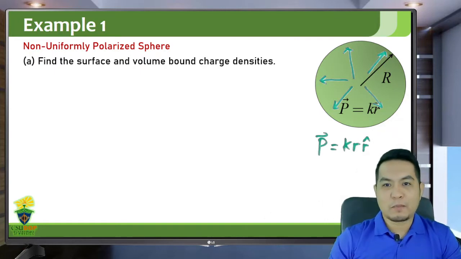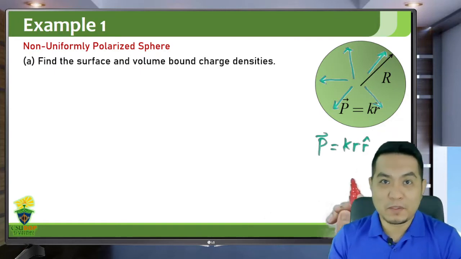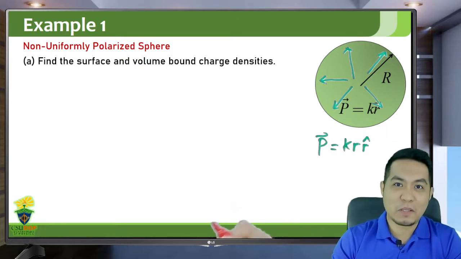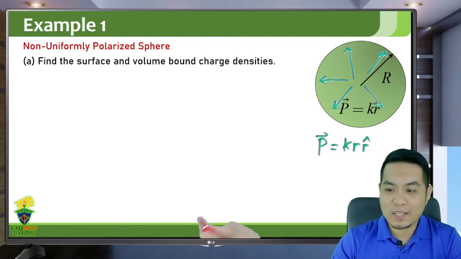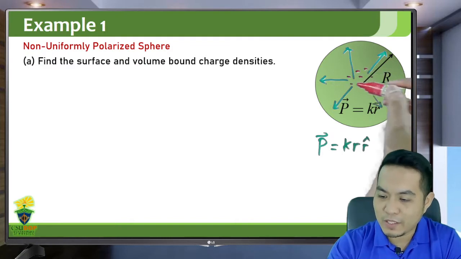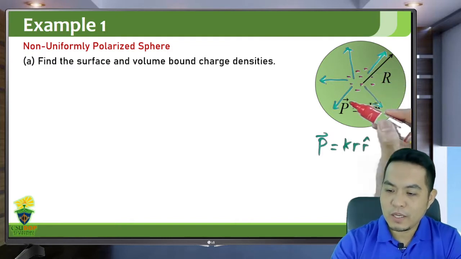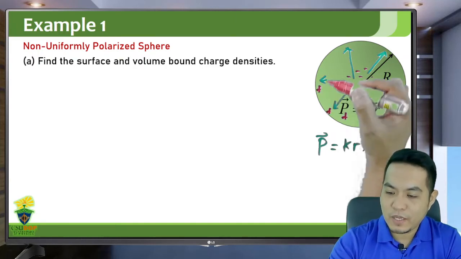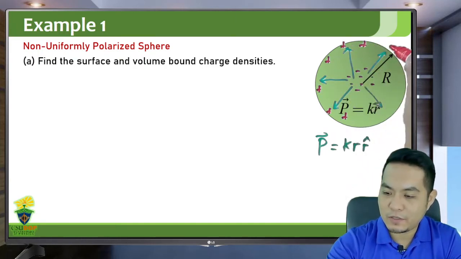So take note, the polarization is essentially the dipole moment, and the dipole moment always points from the negative to the positive charges. So what does this mean? This means that there are negative charges somewhere at the center, and there will be positive charges at the surface.